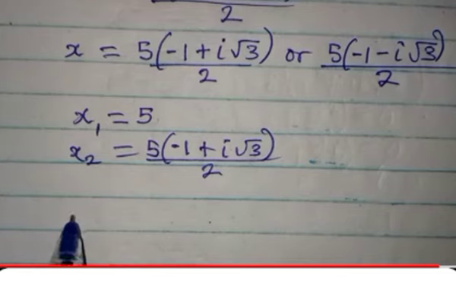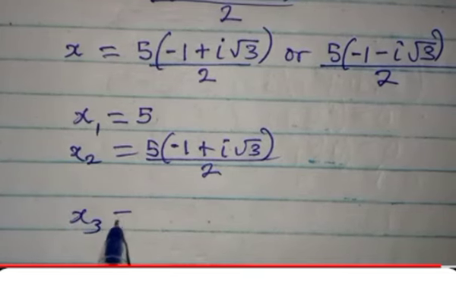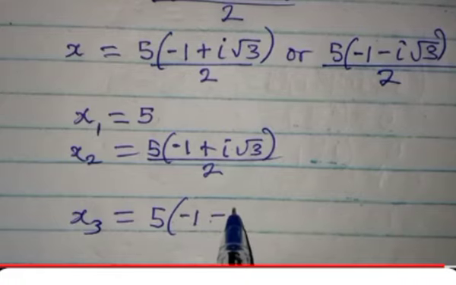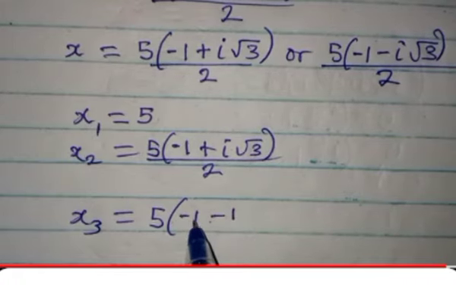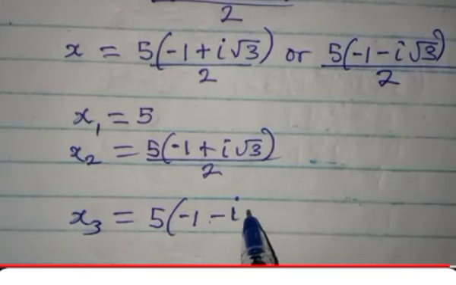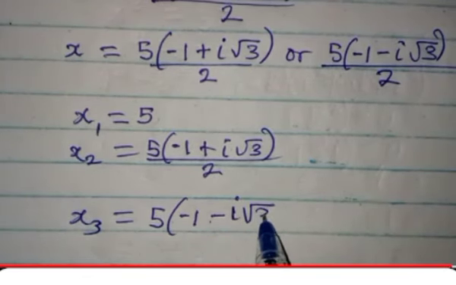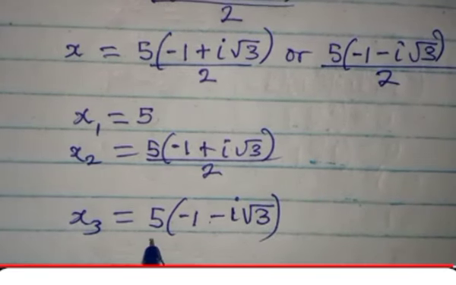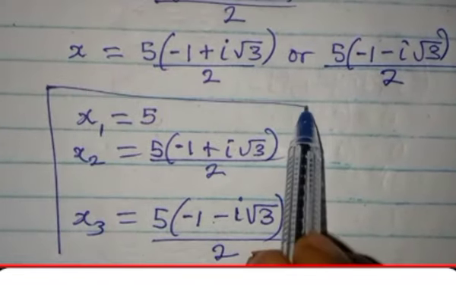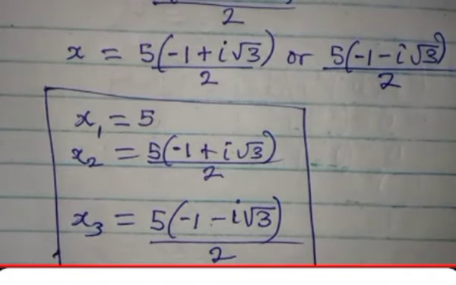And then we get our x3, which is 5 into -1 minus i root 3. Remember, this is i, not 1. And the whole of this is over 2. So these are the 3 solutions to the equation.